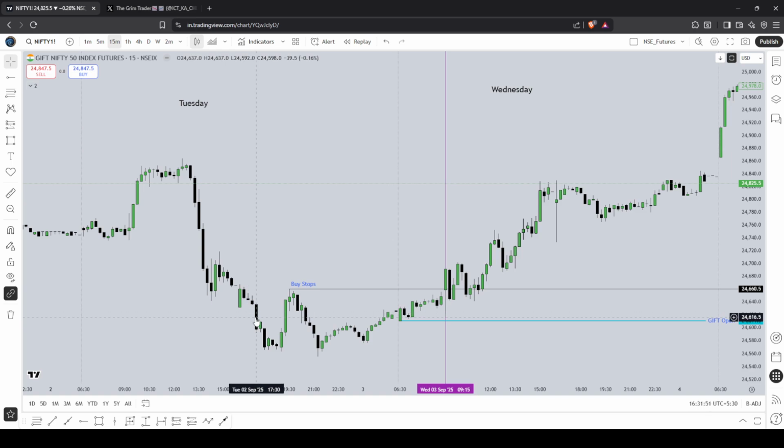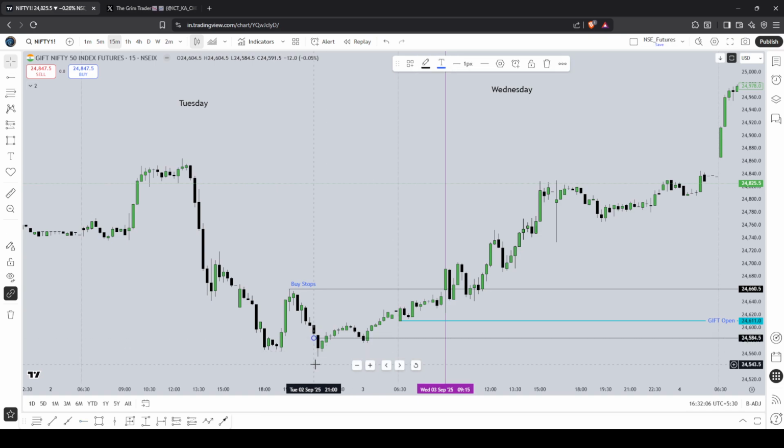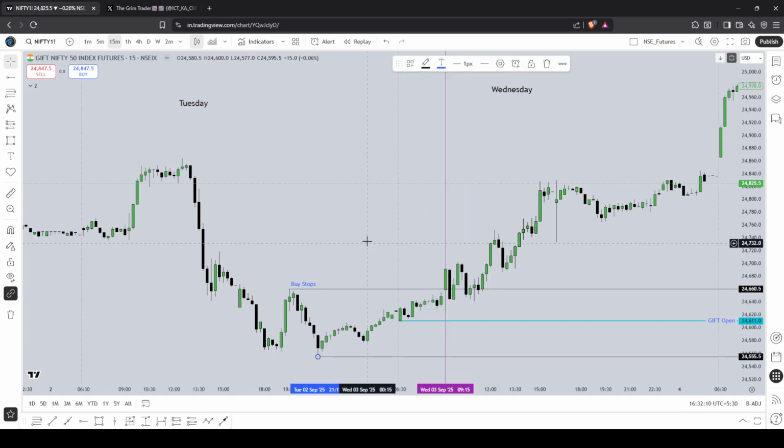And between 5:30 p.m. India time over here and 9:30 p.m. India time is the New York AM session. This is the AM session range, here to here, New York. I'm not going to mark it out as specifically as that, but keep in mind that's what's going on.